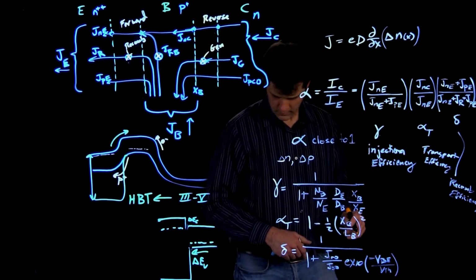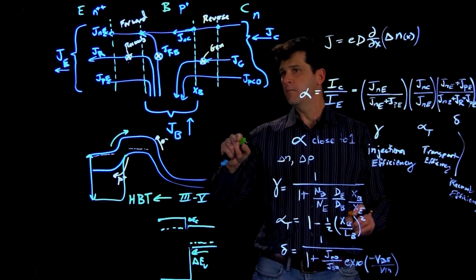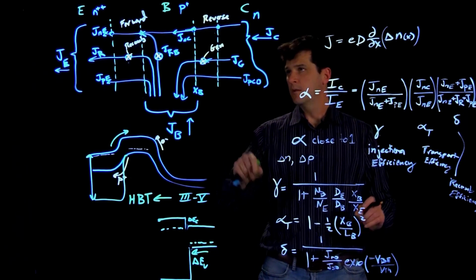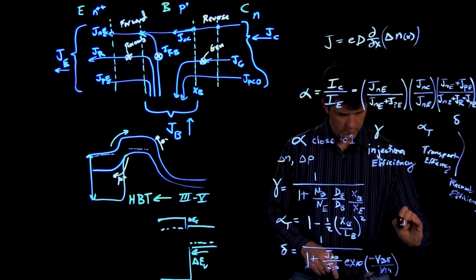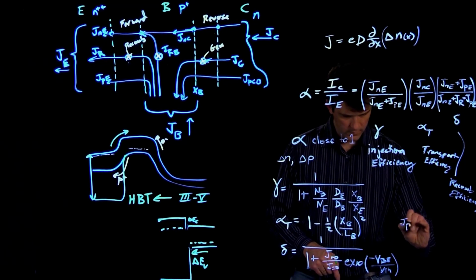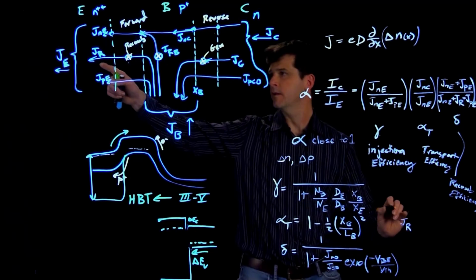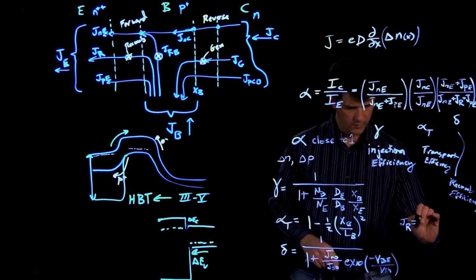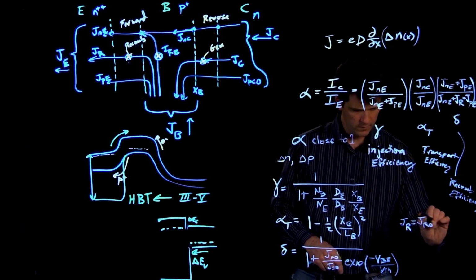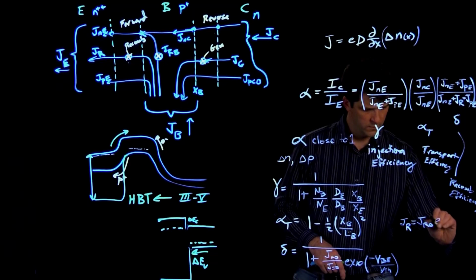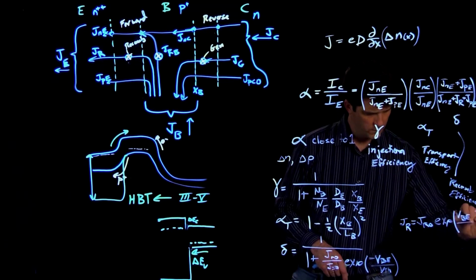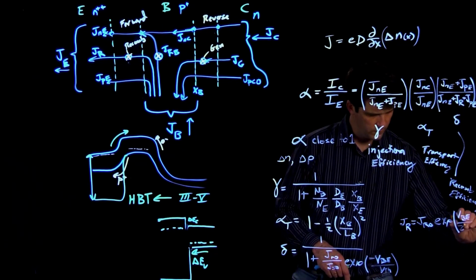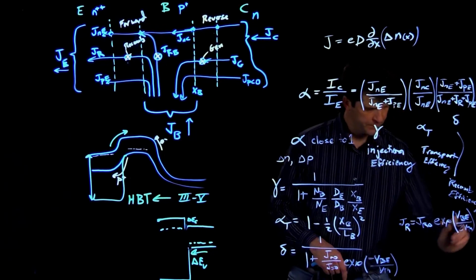And I've made a definition here that the J_R over here is going to be equal to J_R0 exponential to the V_BE over 2 V thermal.